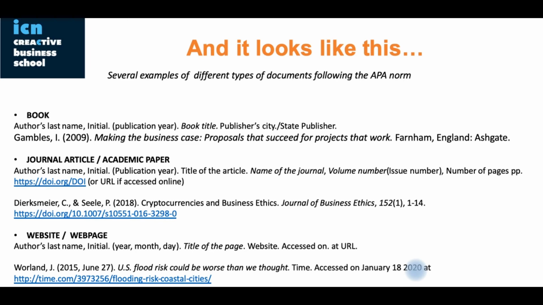Because if it's not the case anymore, at least he or she or they will know that it was accessible 2 years ago. And also, don't forget to put the URL, which is basically the internet address of that website that you're referencing.